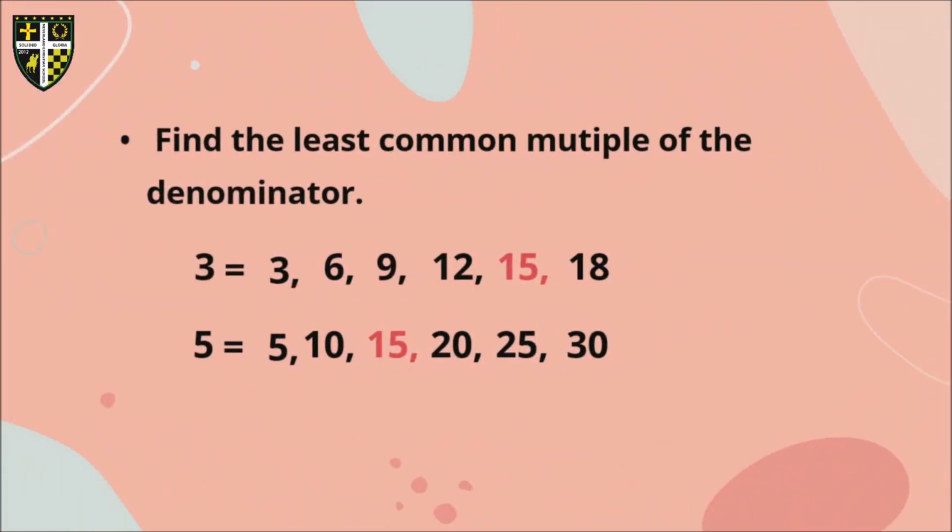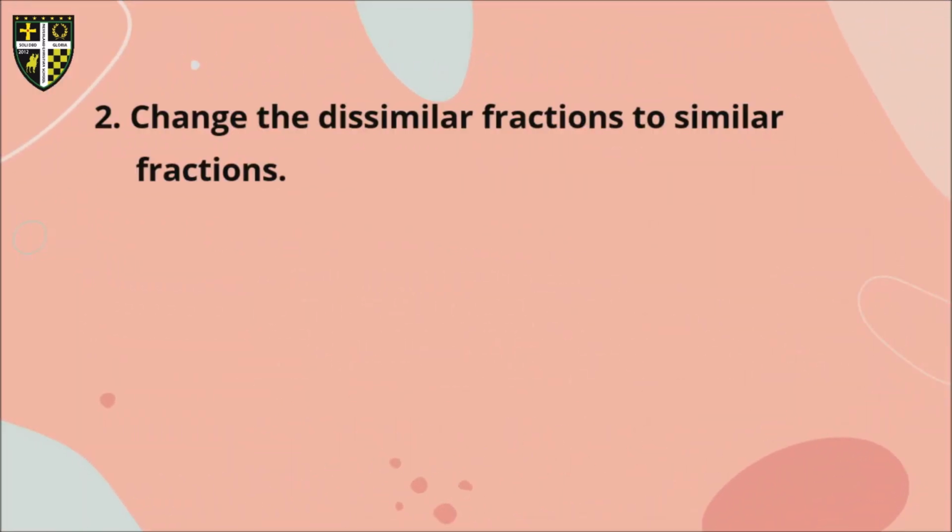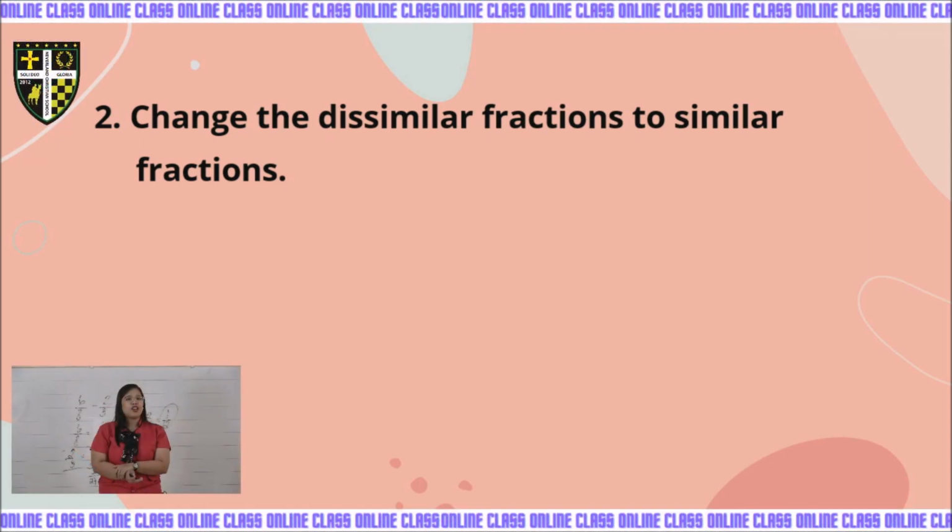Next, we will find their common multiple, which is 15. The lowest common multiple is 15. So we can conclude that our LCM will be 15. Next, we will change the dissimilar fractions into similar fractions. Again, we have the given of 3 2/3 minus 2 3/5.